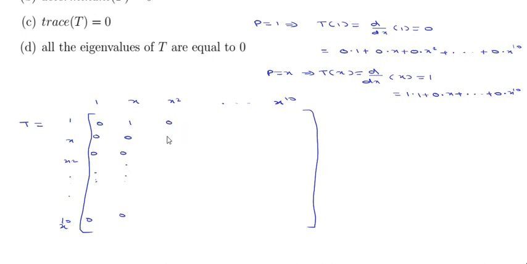So therefore here it will be 0 2 0 and so on. And this one, so it is x power 9. So when we differentiate, we will get 9 x power 8. So x power 8 and x power 9, and this one is 0.